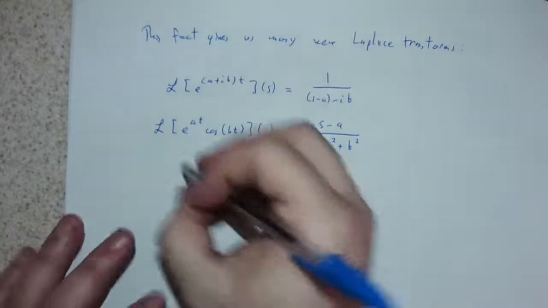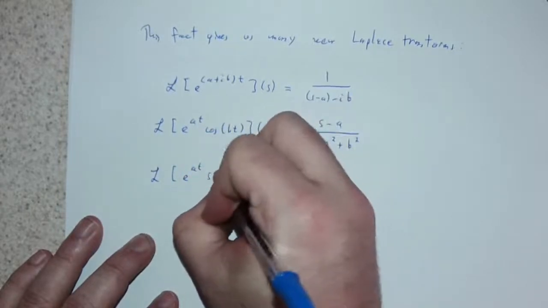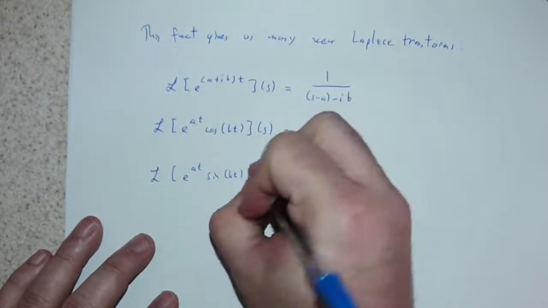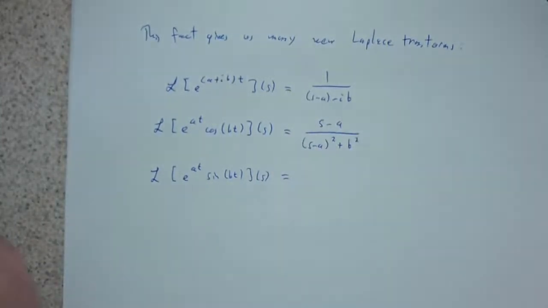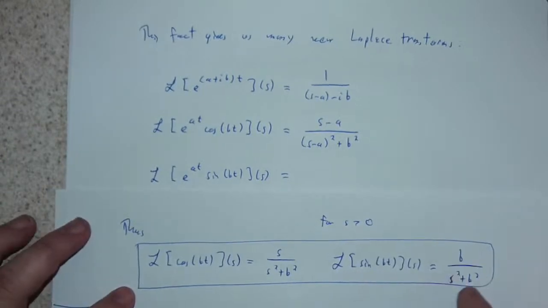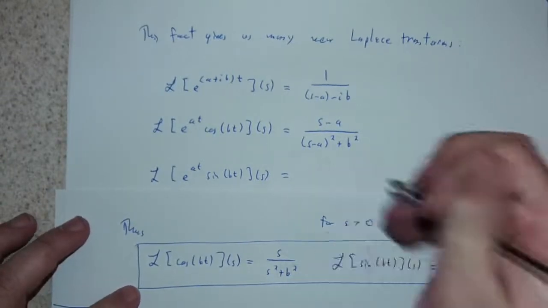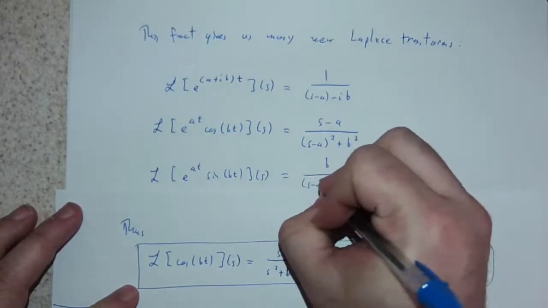Similarly, the Laplace transform of e to the at sine bt: the Laplace transform of sine of bt is b over s squared plus b squared, so this is b over s minus a squared plus b squared.